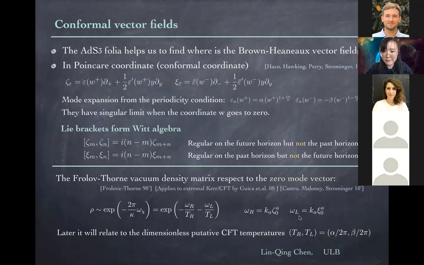So then one can define the left and right energy modes corresponding to the Witt algebra respectively, and recast the Frodden-Thorne vacuum density matrix in this way. And later it will relate to the dimensionless putative CFT temperatures, because it's also defined with the periodicity on the two torus.